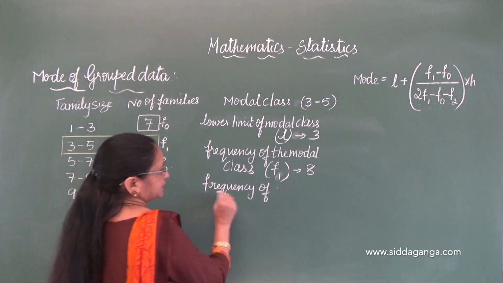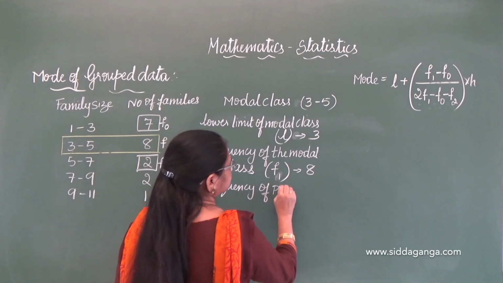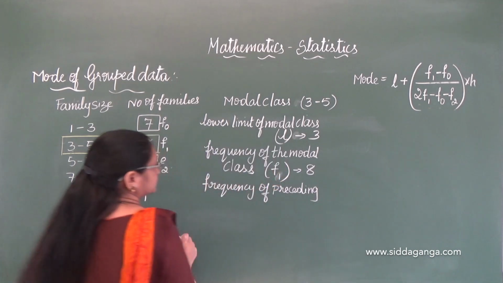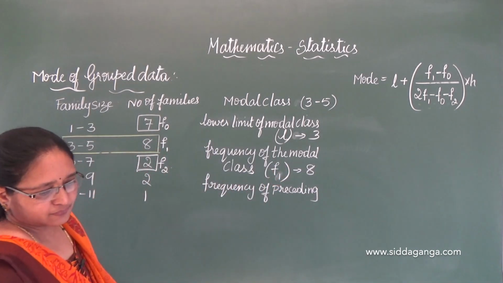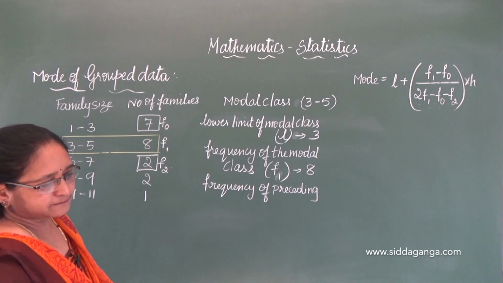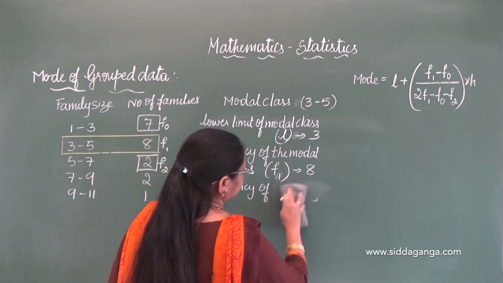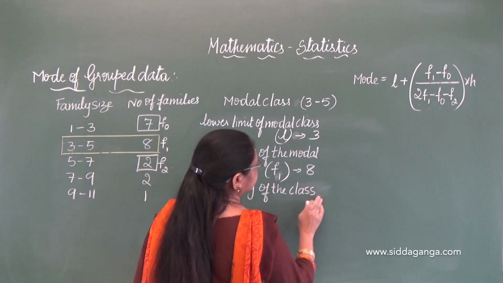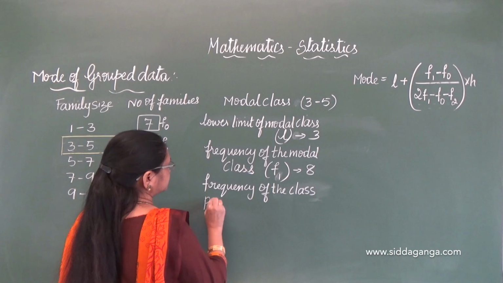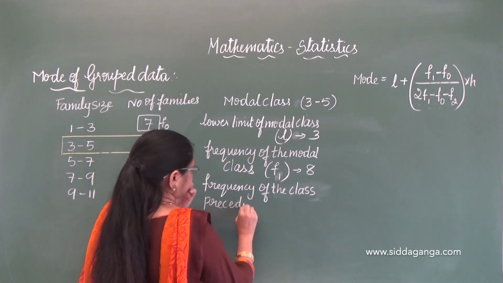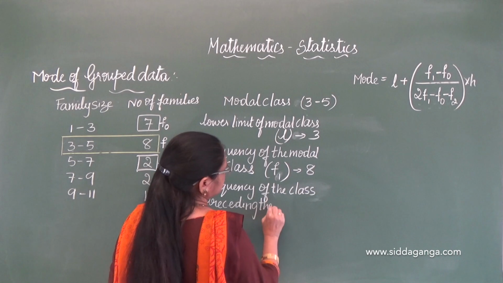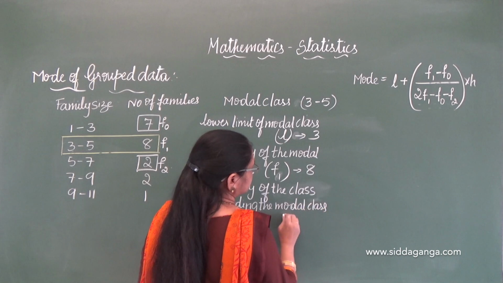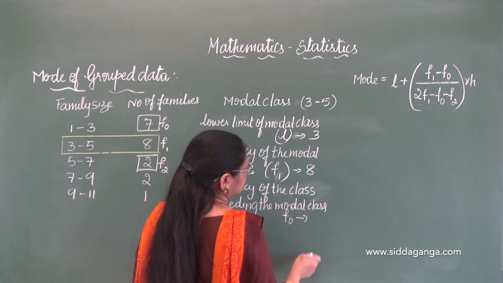So clearly we can write: frequency of the class preceding the modal class, that is F0. F0 is how much?